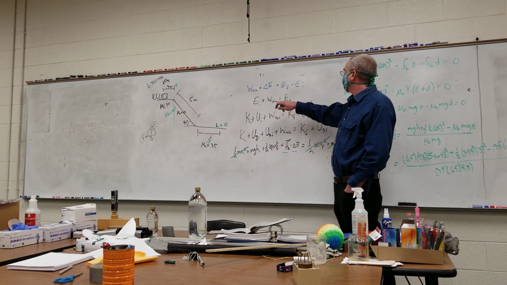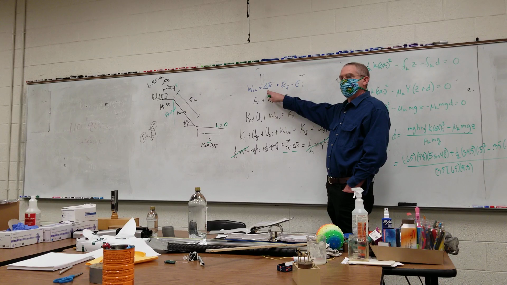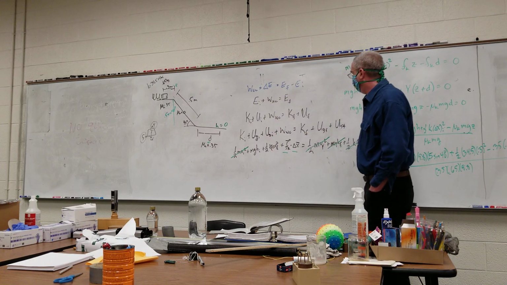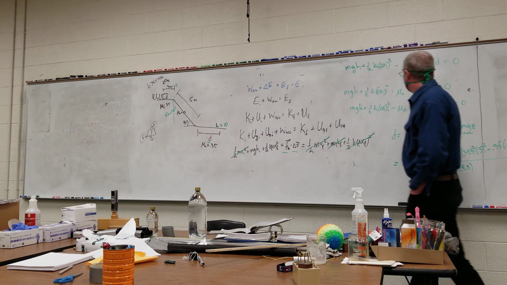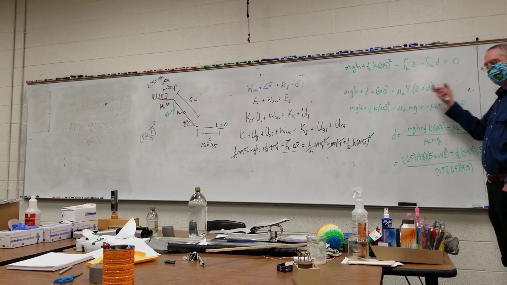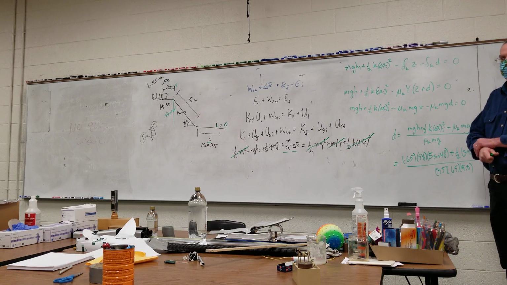They are taking this energy right here that the system is losing and saying it's just being turned into internal energy in the system. So where we have it losing energy in this form right here, they have it on the right-hand side, gaining internal energy. Yeah, it's mathematically the same.